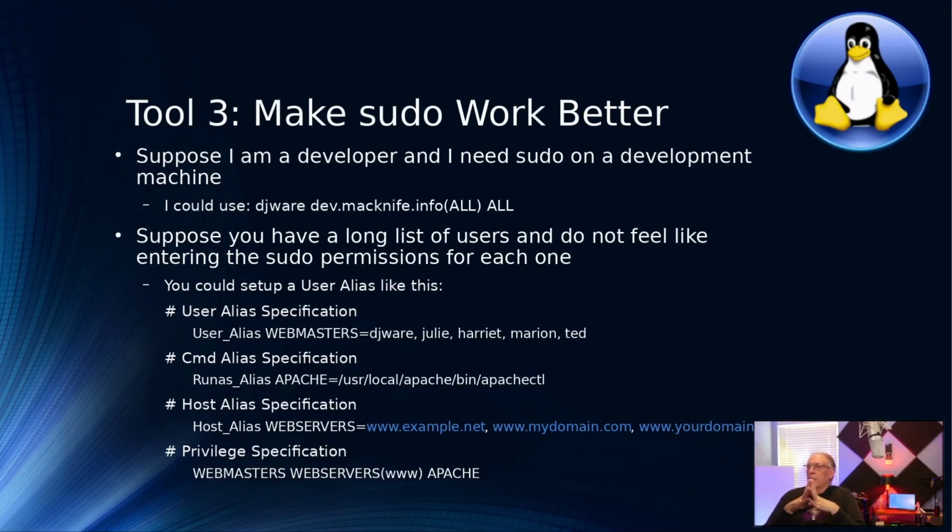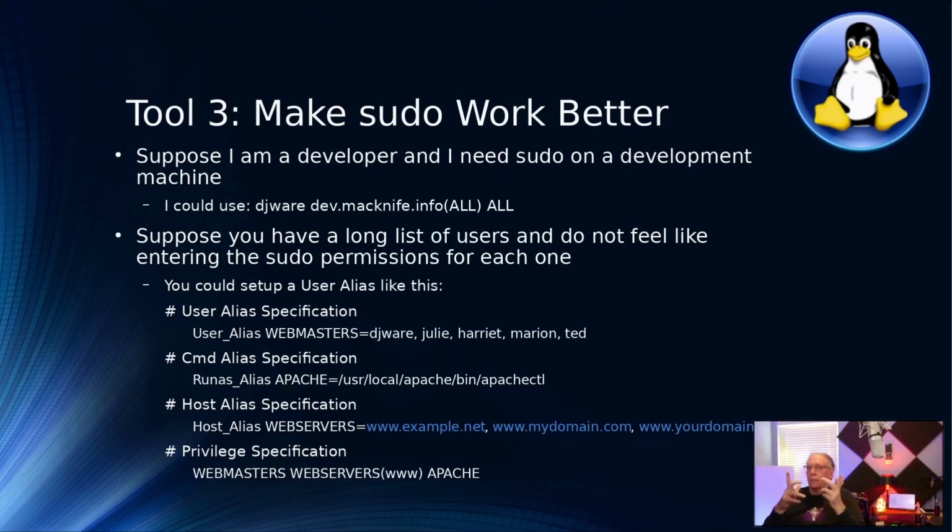So suppose you have a long list of users though, and you don't feel like entering individual lines like that one at a time. Yeah, we don't like to do that in Linux. We're lazy. So one of the things we can do is assign aliases. The first type of alias you can assign is a user alias, and that is defined by saying User_Alias.